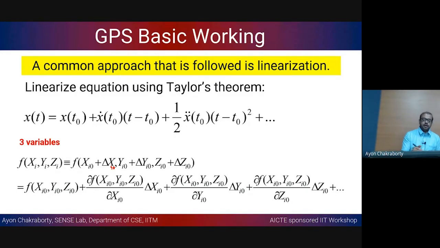The same goes for x, y and z, where we have these delta terms: delta x, delta y and delta z. These are the terms that are going to be subtracted.